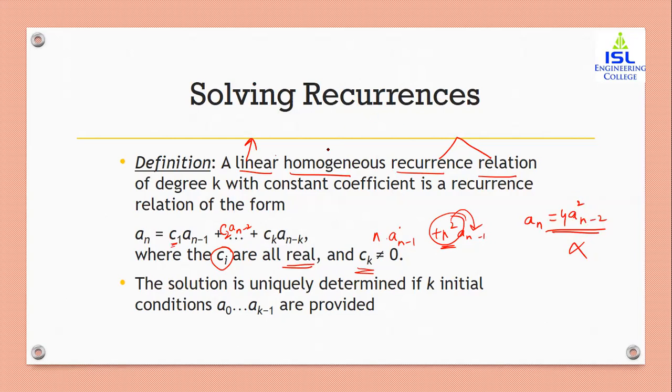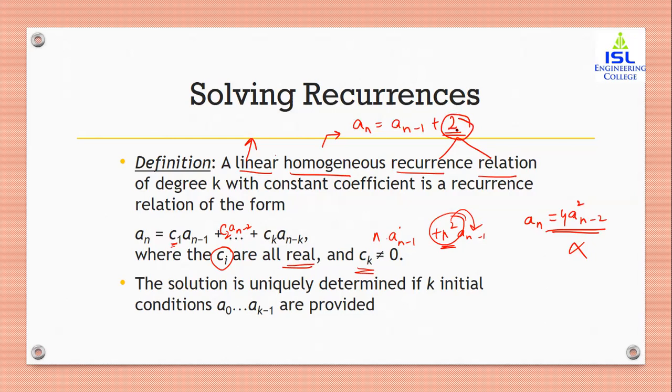Now what do we mean by homogeneous? The recurrence relation is homogeneous because no terms occur that are not multiples of a_j. What does this mean? Suppose the recurrence relation is written as a_n = a_(n-1) + 2.